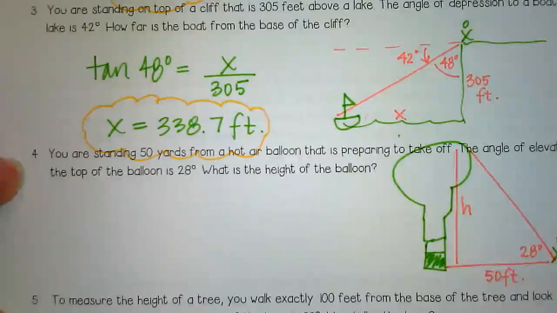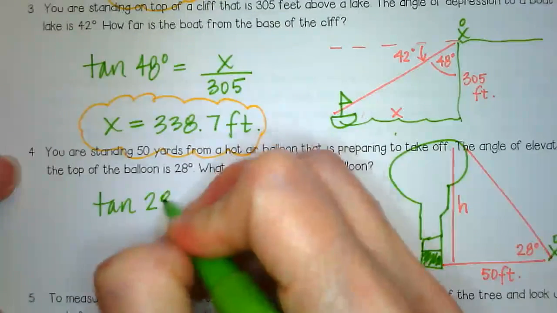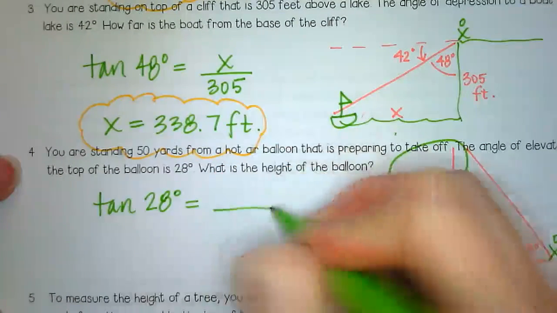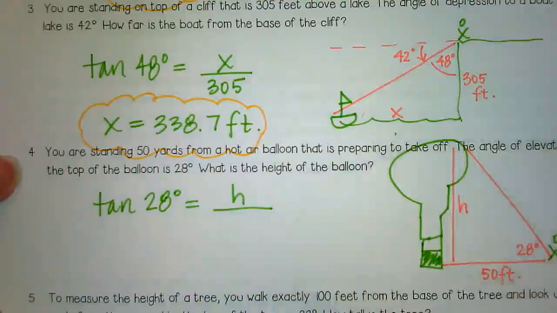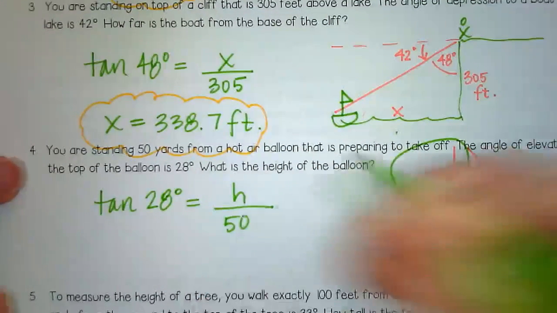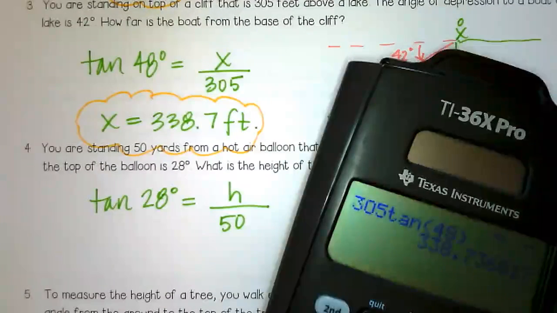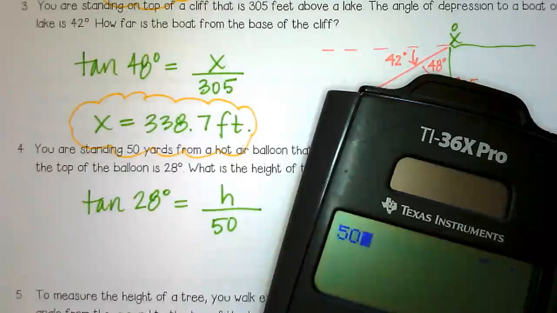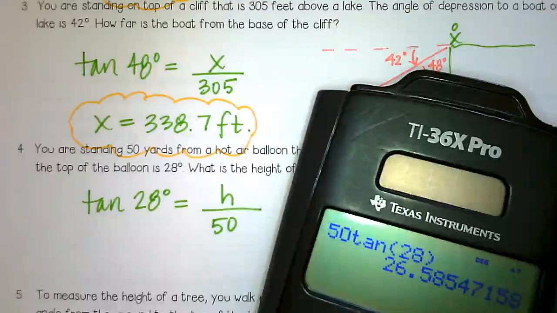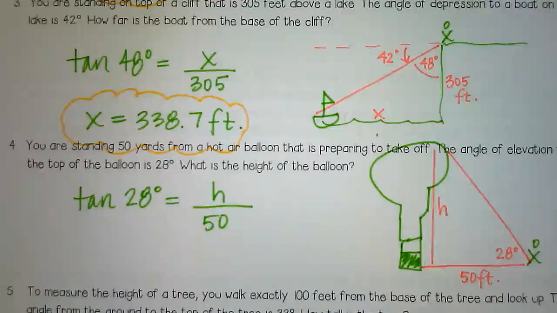So this looks like tangent again. The tangent of 28 degrees is the opposite side, which is the height, over the adjacent, which is 50. So we need to do 50 times the tangent of 28 degrees, which is 26.6.